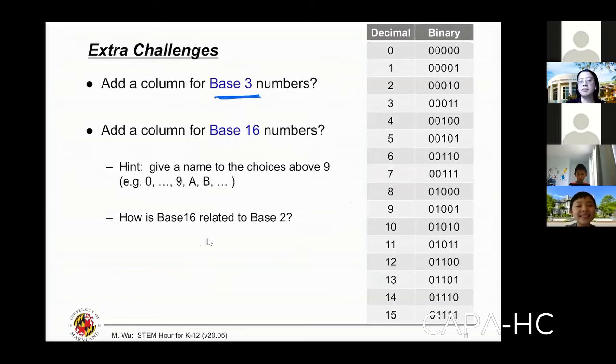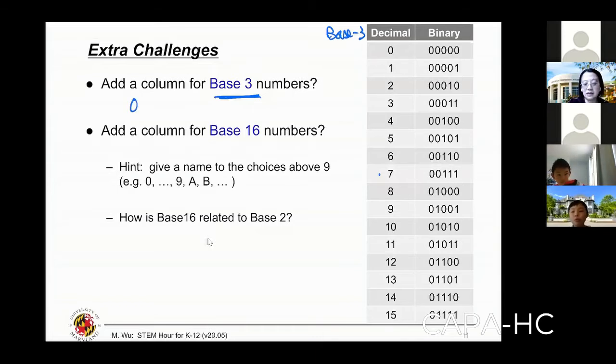See if you can figure out a base 3 number system, and can you add another column here in the table for base 3? For example, any number I pick, what would 7 be in base 3?